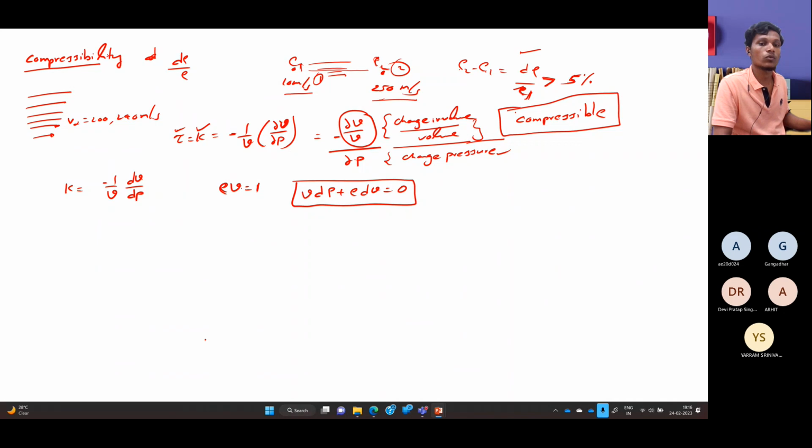That is obtained by applying the differentiation of d of rho v using the chain rule, which gives this product rule. So you can use these two relations for simplifying this compressibility and writing it another way: compressibility equals 1 by rho d rho by dp.